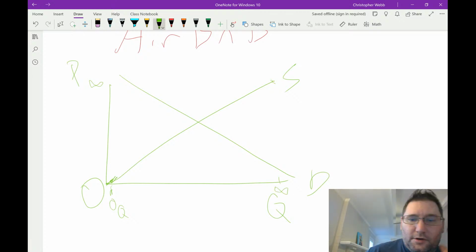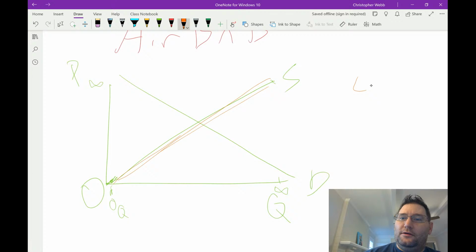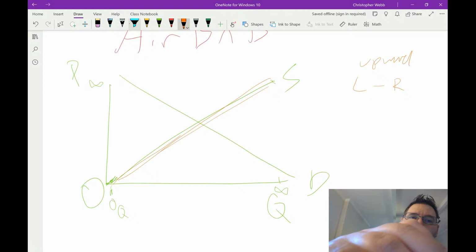Okay. Now, what happens in the economy in the long run is rather than have a supply curve that is upward sloping from left to right, we have a vertical line.